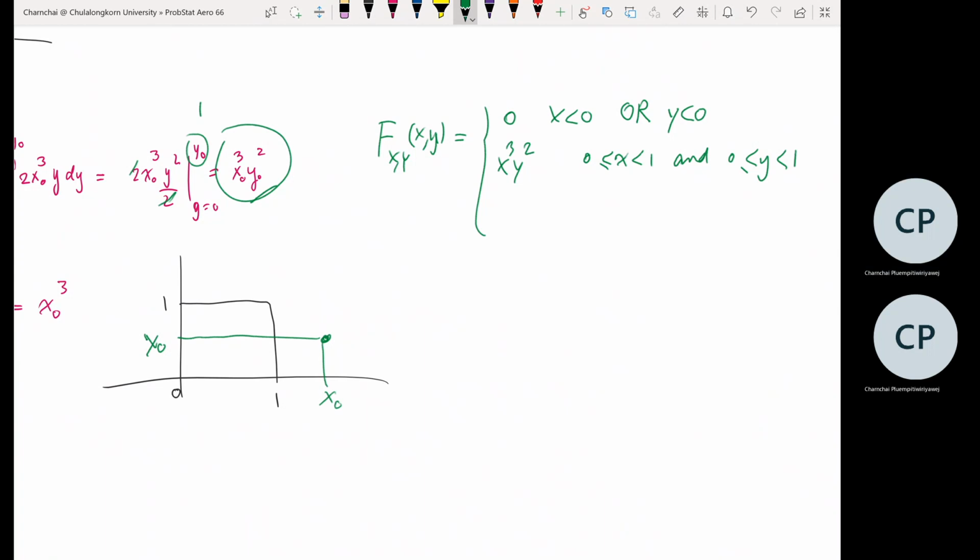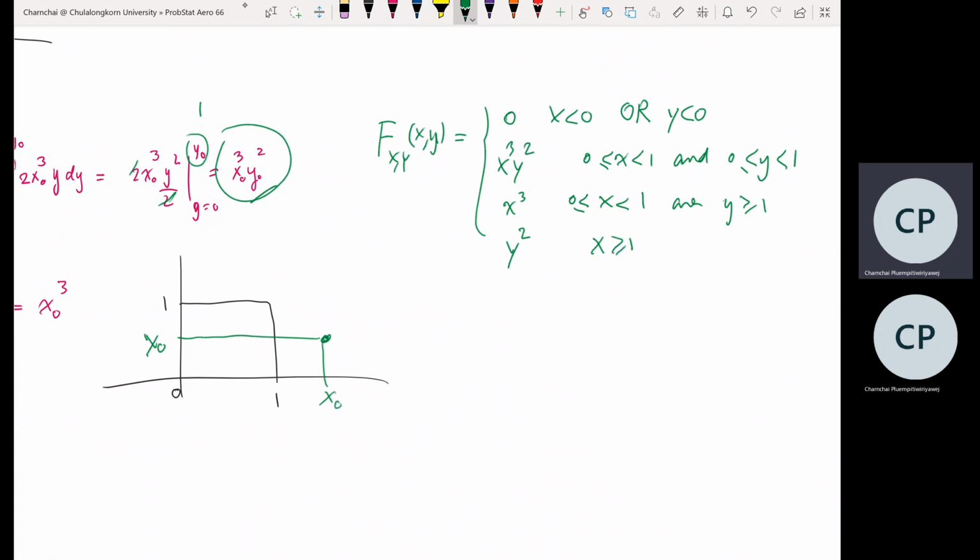And it's going to be x cubed for x between 0 and 1 and y more than or equal to 1, and equal to y squared for x more than or equal to 1 and y between 0 and 1, and equal to 1 for x more than or equal to 1 and y more than or equal to 1.